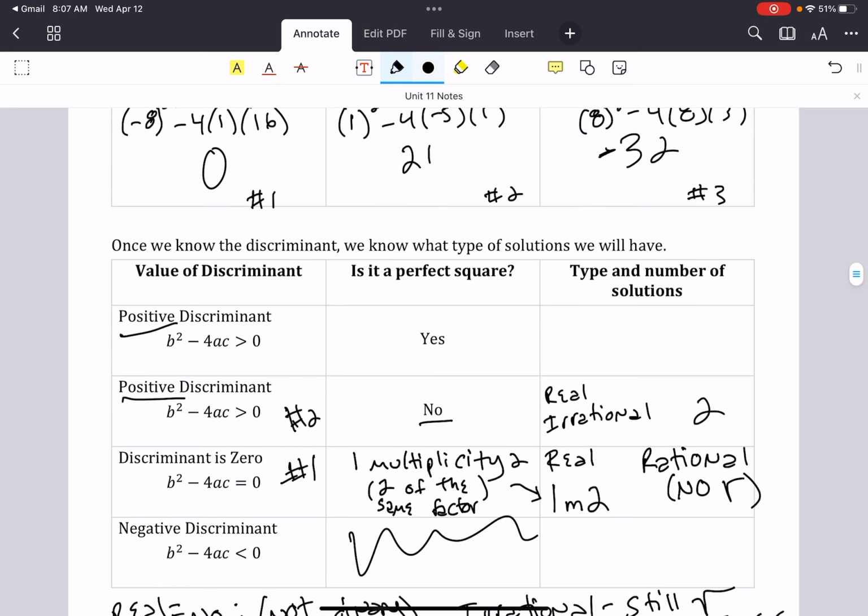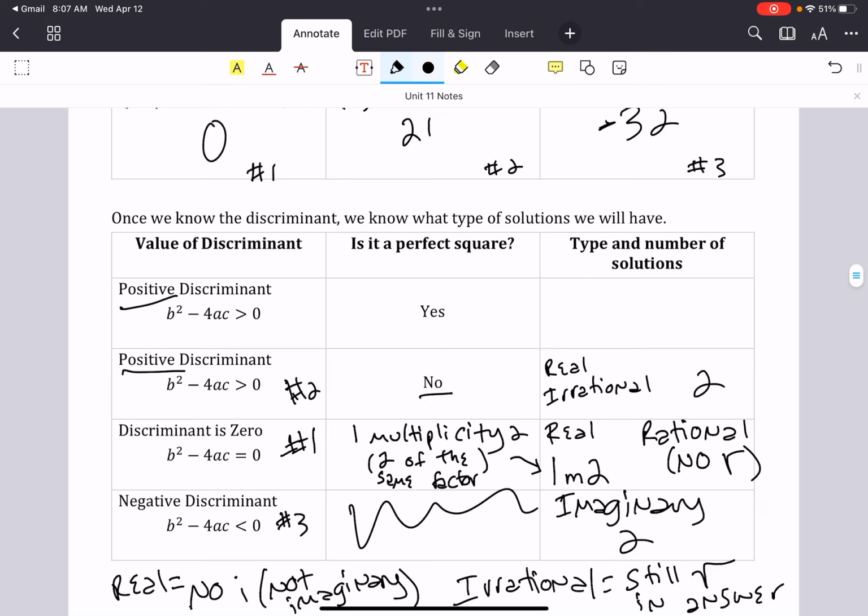Okay, negative discriminant, like example 3, tells me they're going to be imaginary answers. So they'll have an I in it, and there's always going to be 2 of them. What about the top one? A positive and perfect square?